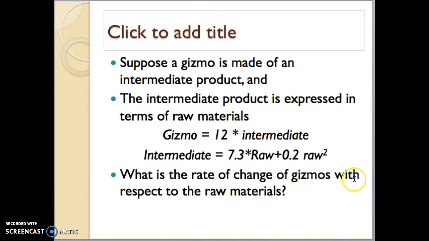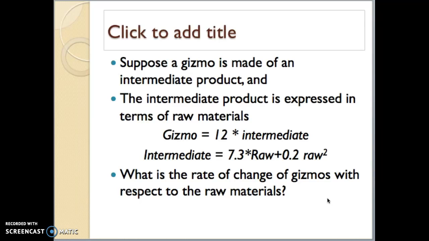So suppose that the gizmo is computed as 12 times the intermediate item, and the intermediate is 7.3 times the raw item plus 0.2 times raw squared. So this is a case where we know gizmo in terms of an intermediate item and intermediate in terms of raw.